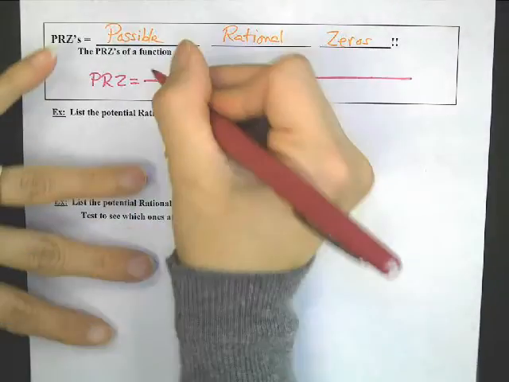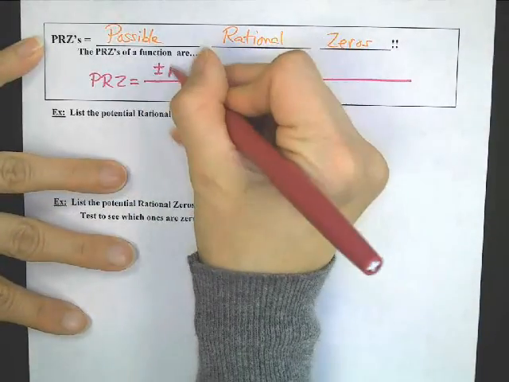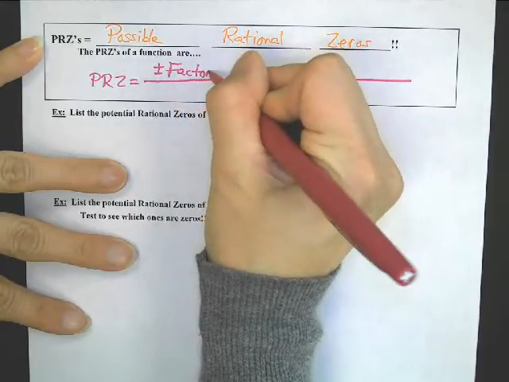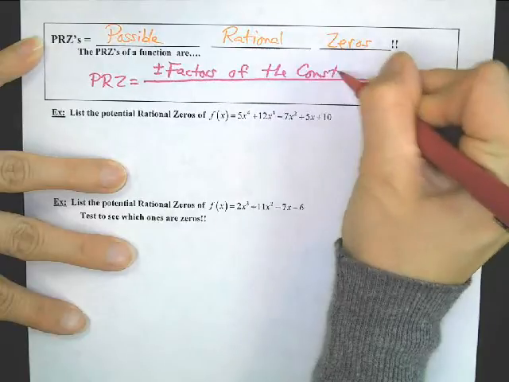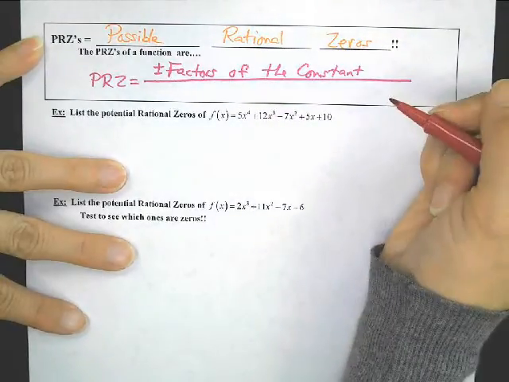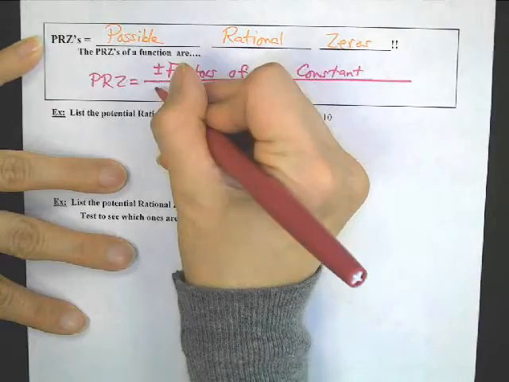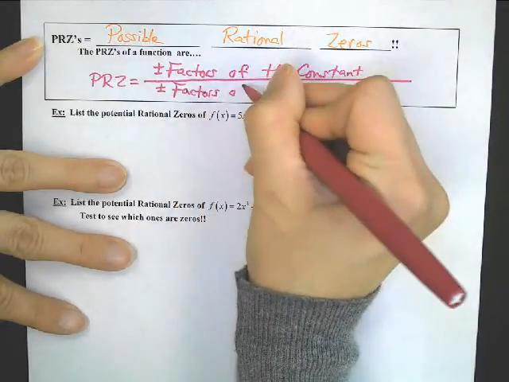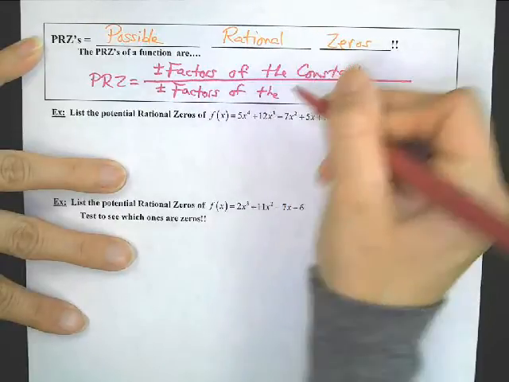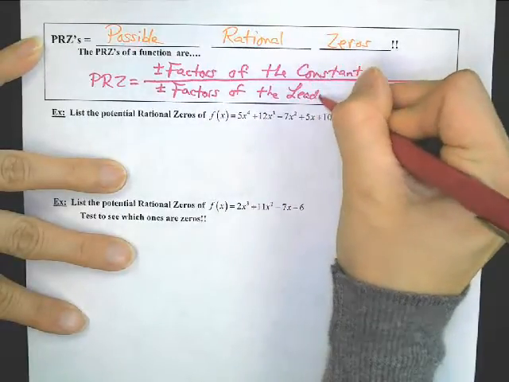In the numerator, you put plus minus the factors of the constant. The factors of the constant. In the denominator, you put plus minus all the factors of the leading coefficient.